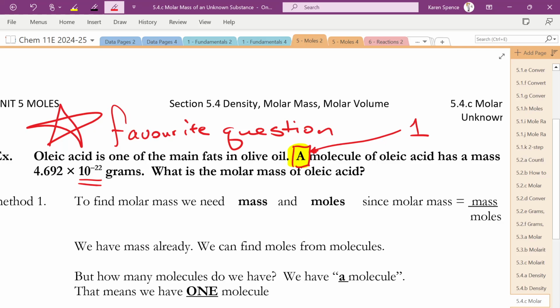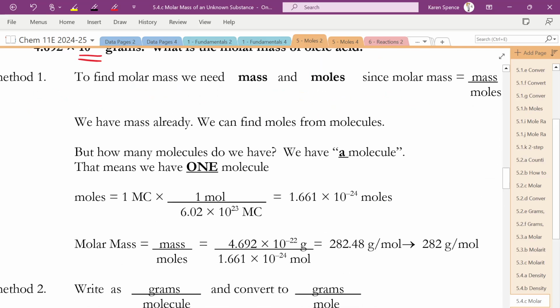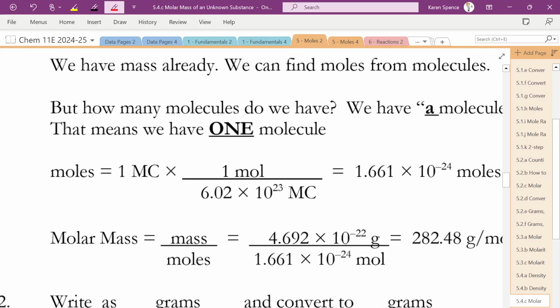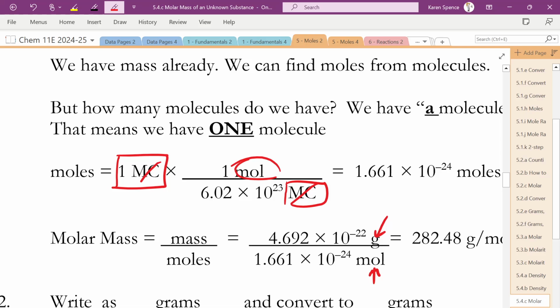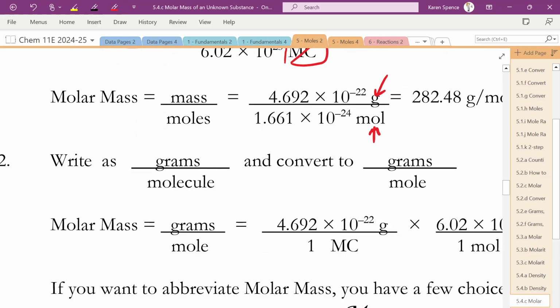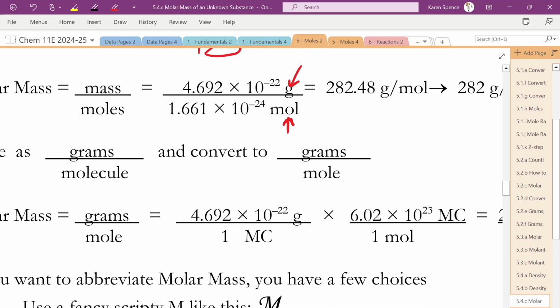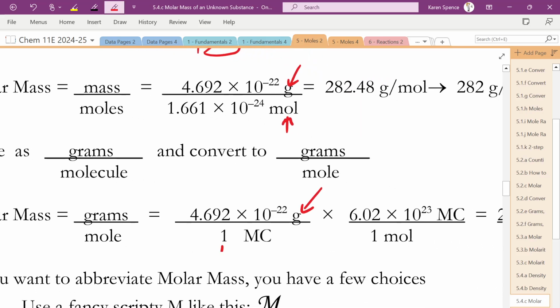That's what you're starting with. So you could convert 1 molecule, cancel your molecules, find the moles, take your mass, divide by your moles, or you can do it all in one line. You can say, I have the grams I was given over 1 molecule.